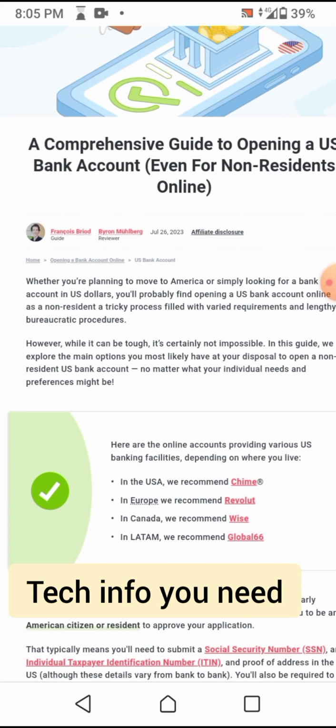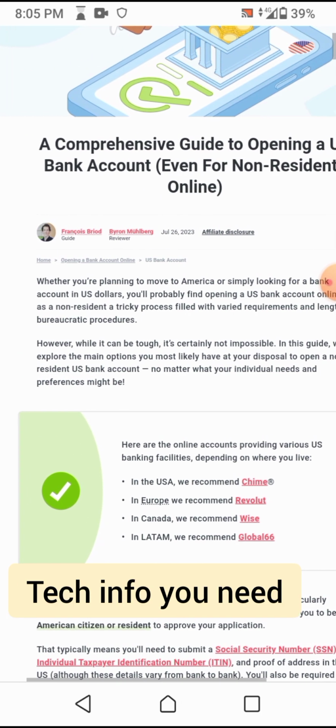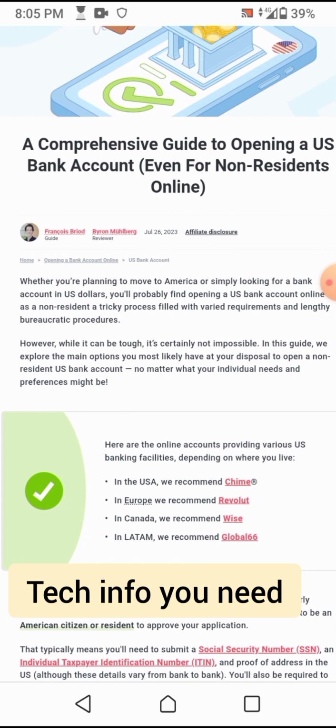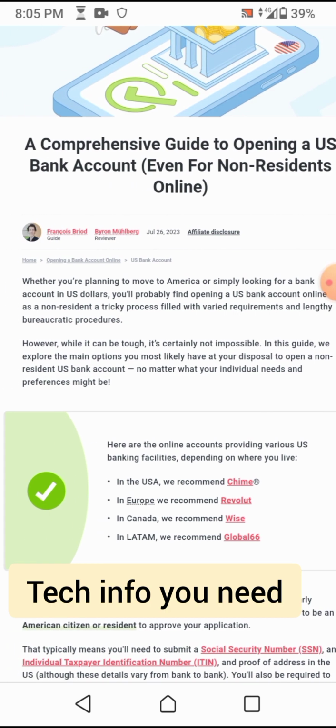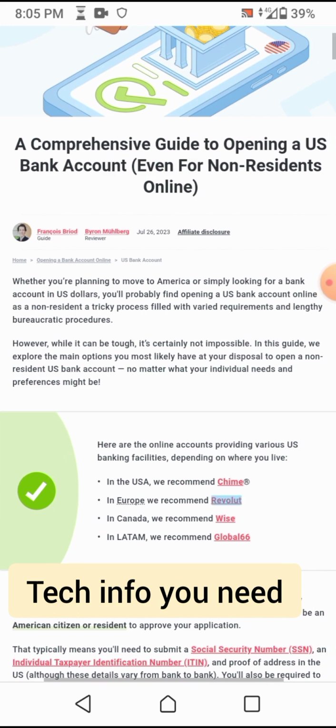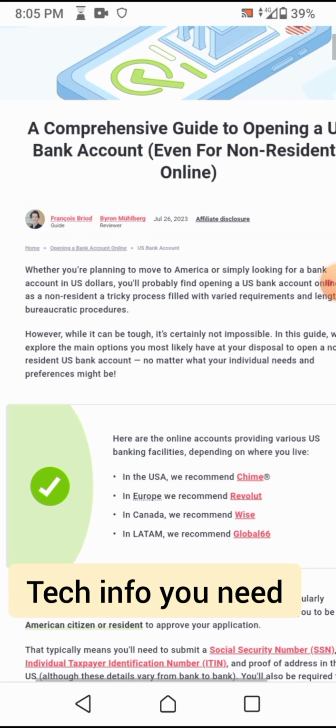Whether you are planning to move to America or simply looking for a bank account in US dollars, you probably find opening a US bank account online as a non-resident a tricky process, filled with varied requirements and lengthy bureaucratic procedures.